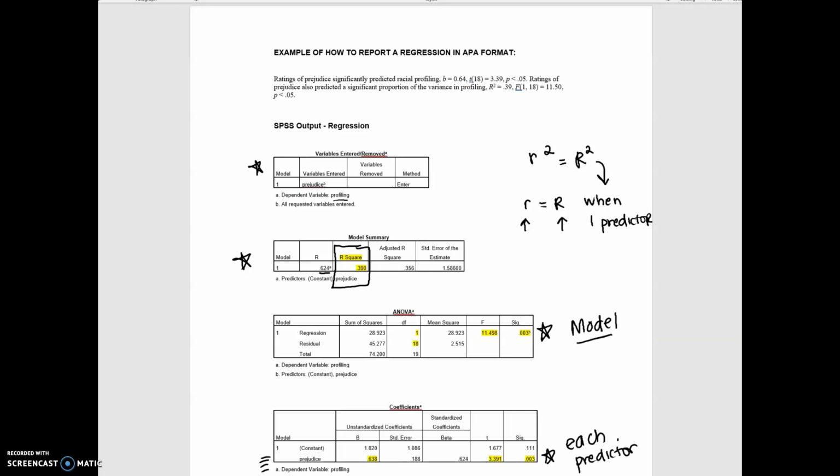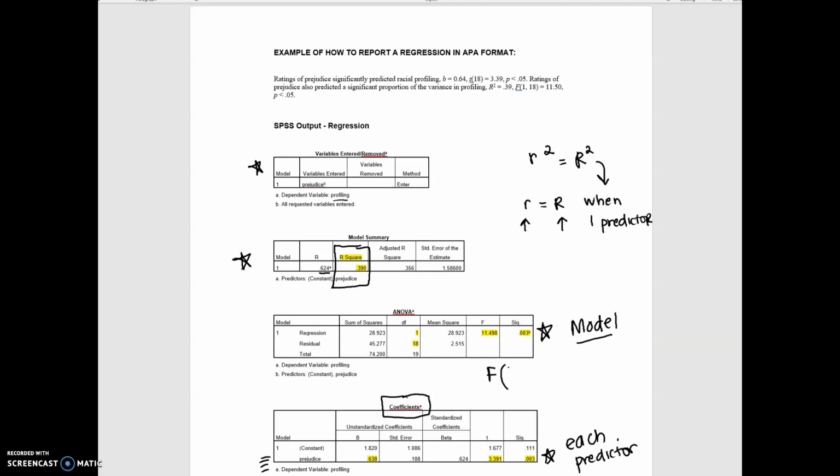Here would be the model. Let's say we had 3 or 4 predictors. That would look at the model as a whole. And then down here with the coefficients, it would give you the individual contribution of each predictor. So when we're reporting the F test, we have 2 degrees of freedom. It's nice to start writing your notes.